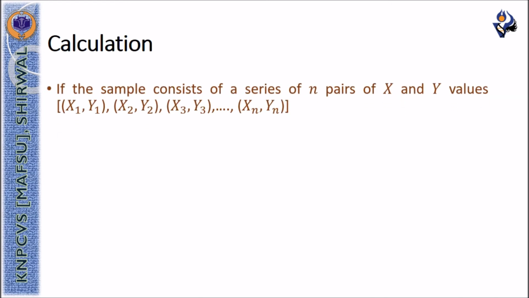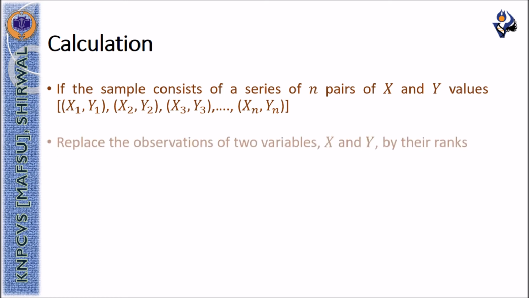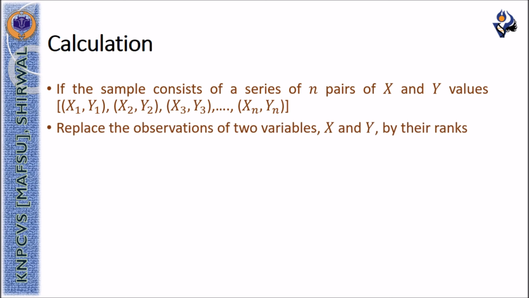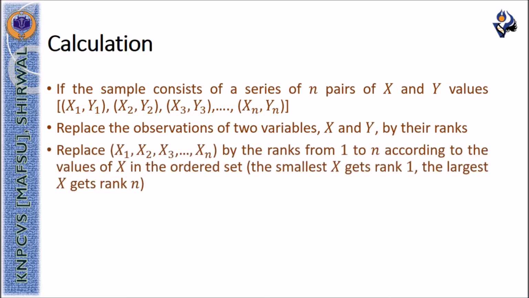For example, if the sample consists of a series of n pairs of x and y values, replace the observations of the two variables x and y by their ranks. For example, replace x1, x2, x3 up to xn by the ranks from 1 to n according to the values of x in the ordered set.